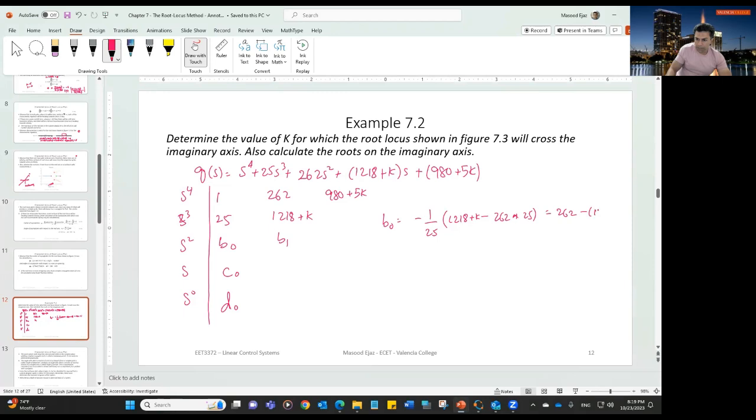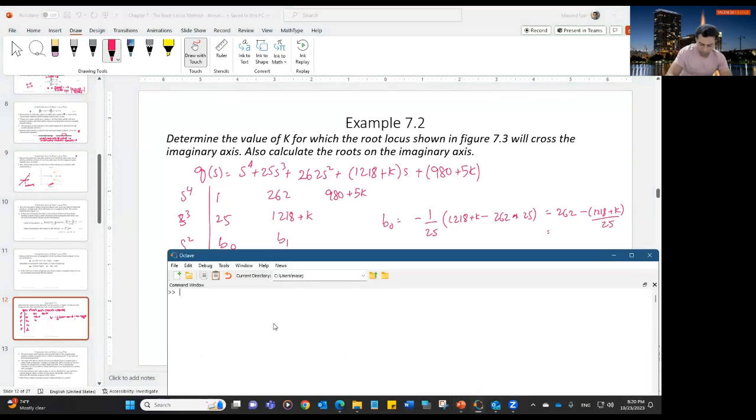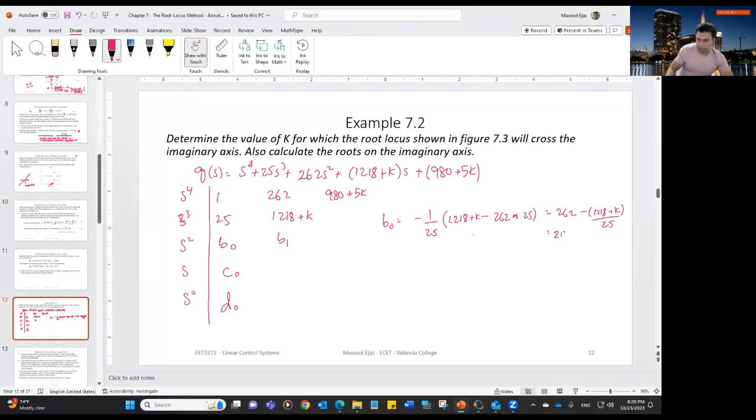We can simplify it: B naught is 262 minus 1218 over 25, which is 213.28, so 213.28 minus K over 25. I'm just going to leave it like that.